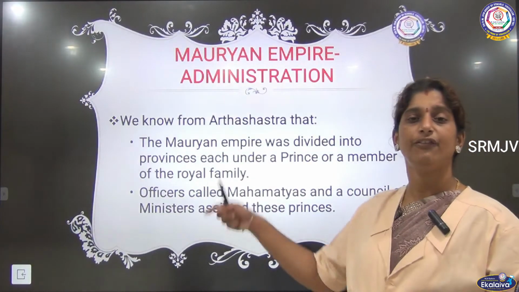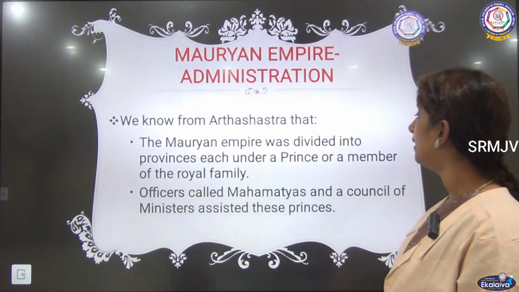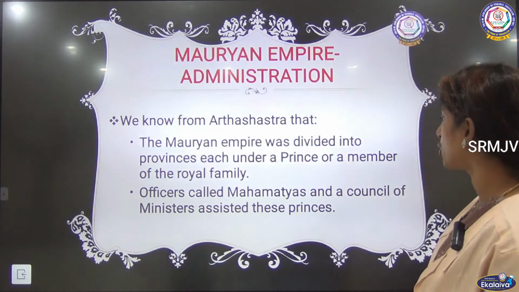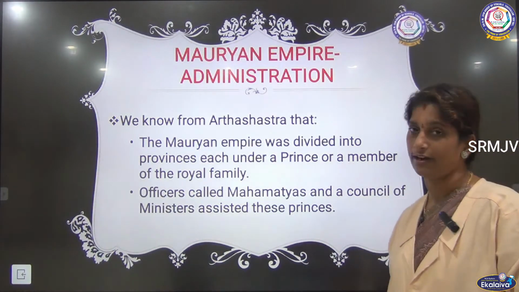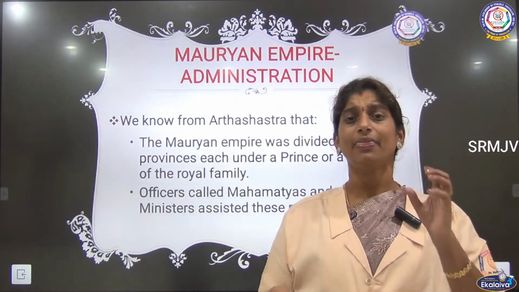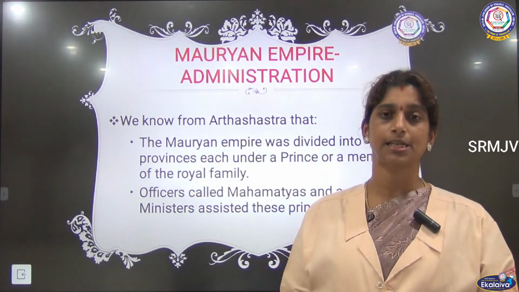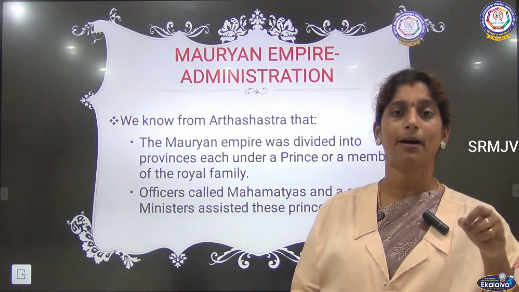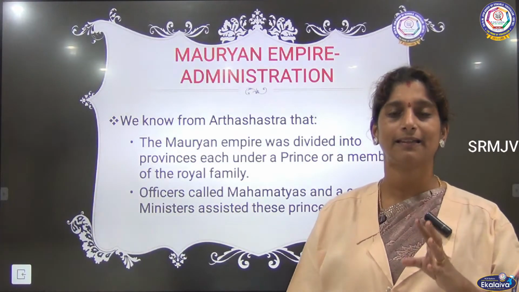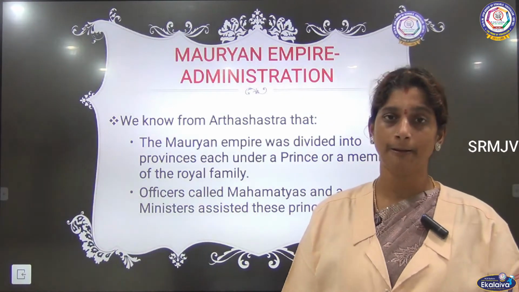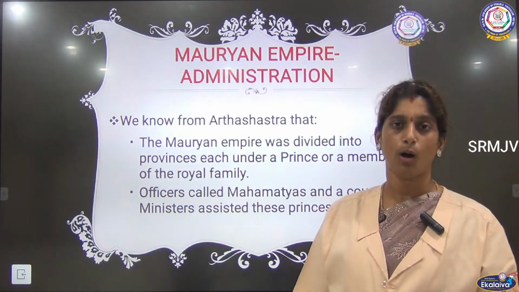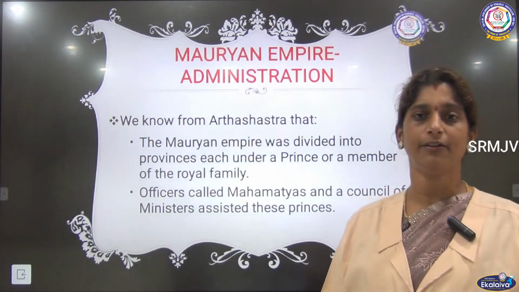We also know from the Arthashastra that the Mauryan empire was divided into provinces, each under a prince or a member of the royal family. The royal family is nothing but the family of the king, so it could be the prince, the son of the king, or any other member of the family.